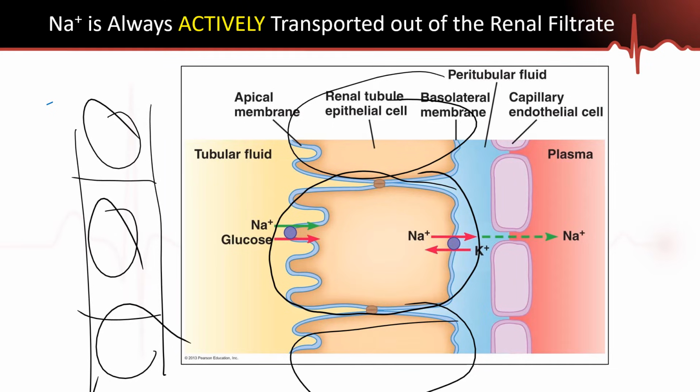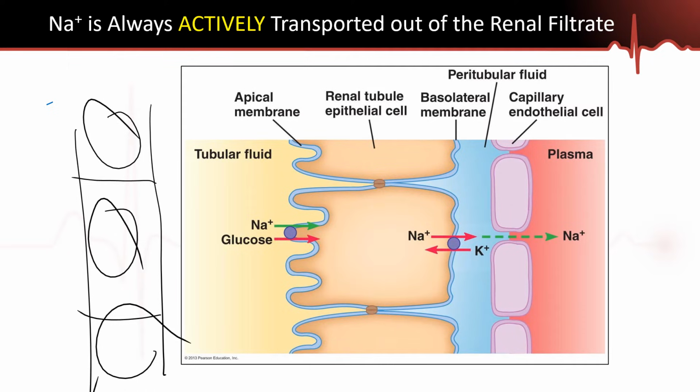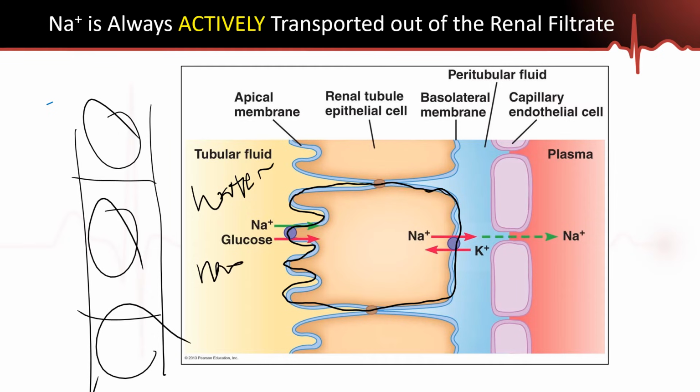Everything that's a cell has a plasma membrane. So this is the plasma membrane of one cuboidal epithelial cell. Every single one of these cuboidal epithelial cells has a plasma membrane. They're all cells.